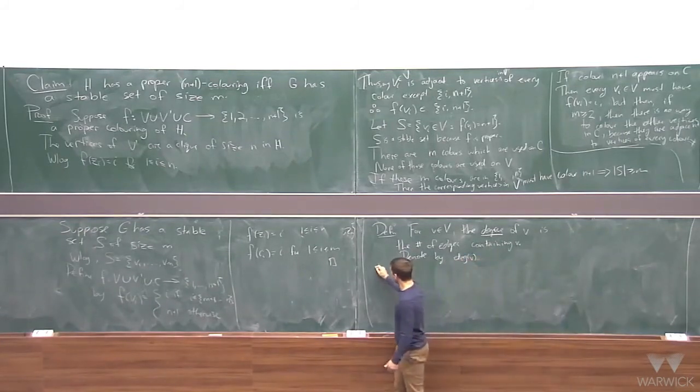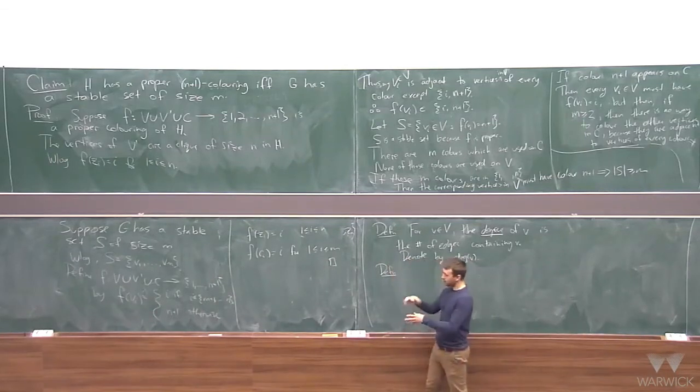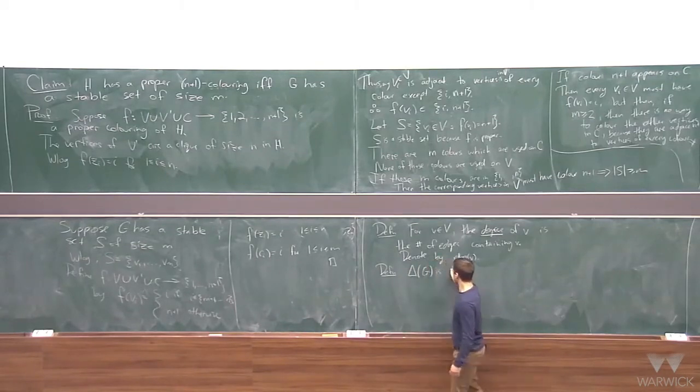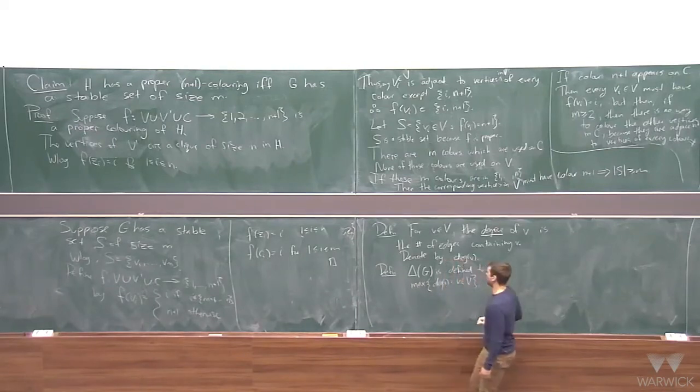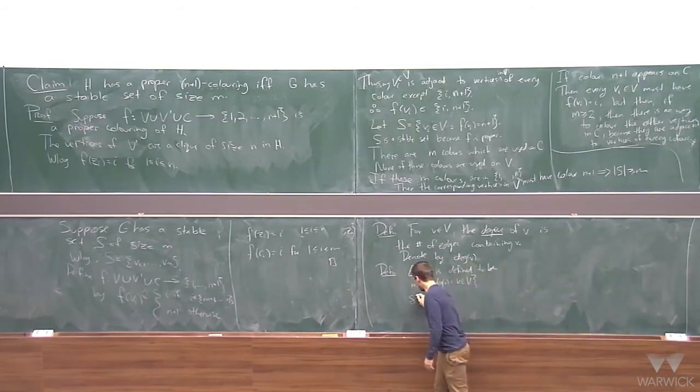What's going to be important for us is to understand the biggest degree in the graph. So delta of G is defined to be the maximum degree, so degree of V, over all the vertices of the graph. We can also define the minimum degree.